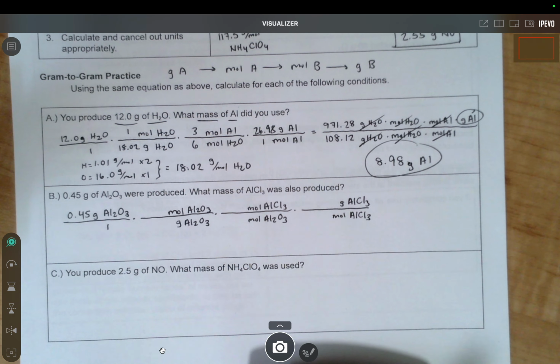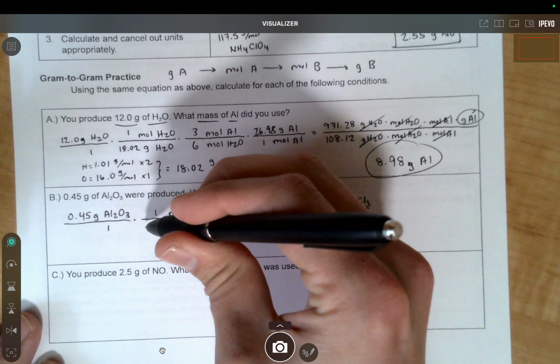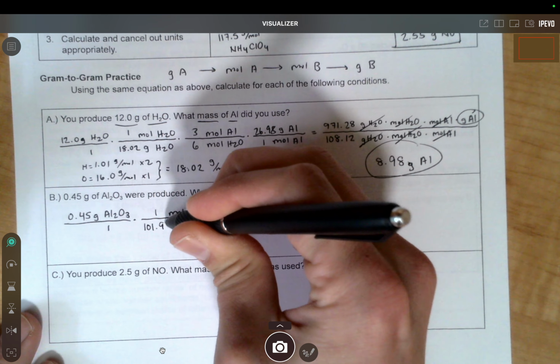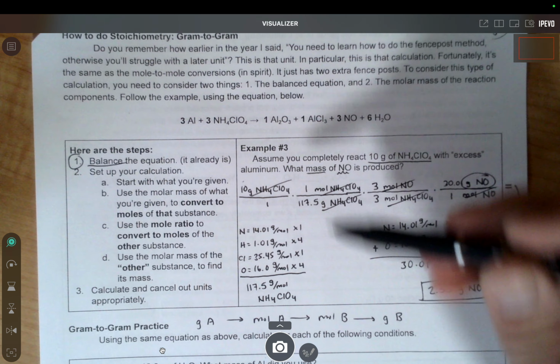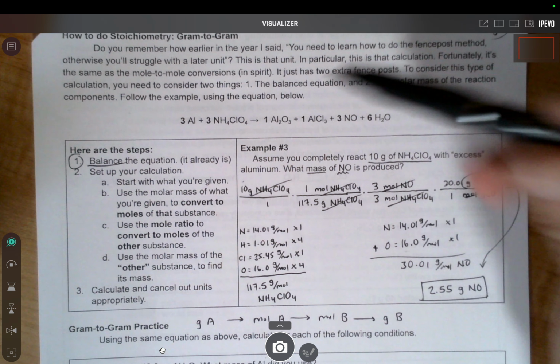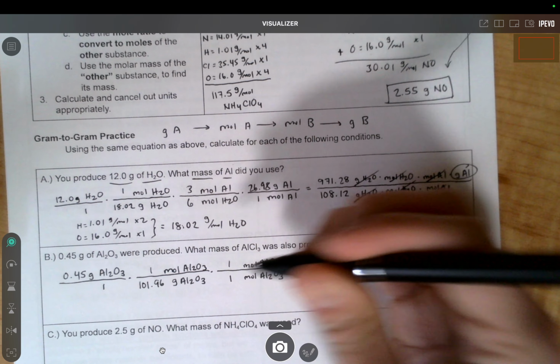Let's see what we got. 26.98 times 2 plus 16 times 3 gives me aluminum oxide for a grand total of 1 mole, giving us 101.96 grams. In our balanced chemical equation, our coefficients for aluminum trichloride are 1 and aluminum oxide are 1. So, ratio is 1 to 1. How about that?